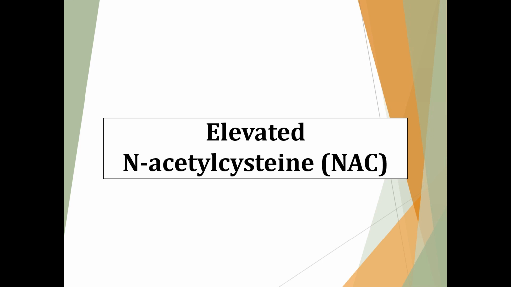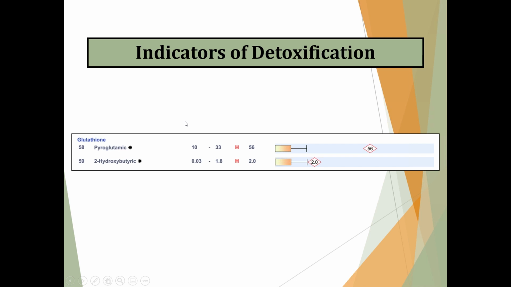It's not common to see elevated N-acetylcysteine, but sometimes you will see it, and it's important to have an understanding of why that might happen. On the Great Plains OAT, under the indicators of detoxification section, under the glutathione markers, we have 2 markers, pyroglutamic and 2-hydroxybutyric.